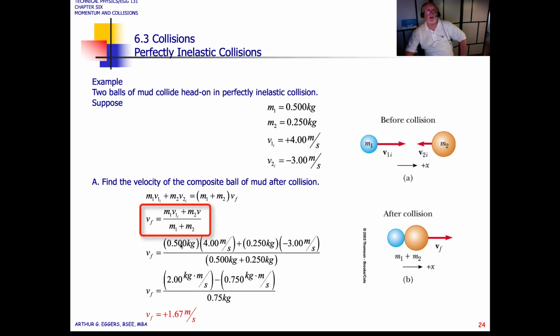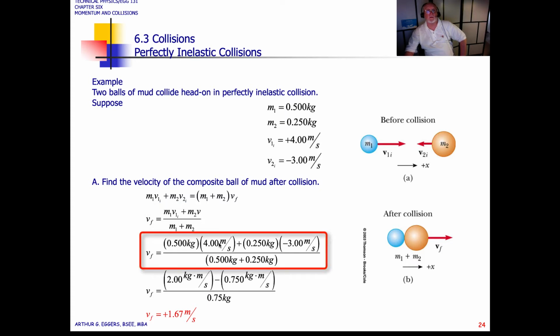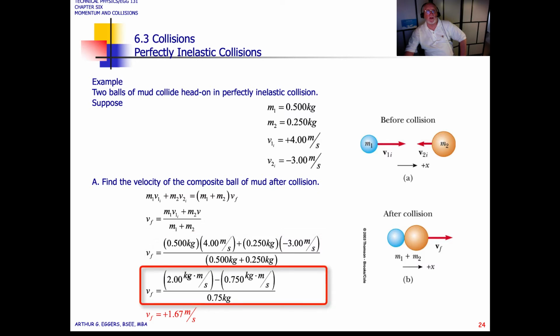numbers in. So half a kilogram, 4 meters per second. Quarter of a kilogram at minus 3 meters per second. And then the two masses that are now joined together after the collision, a half a kilogram and a quarter of a kilogram. In this case we don't have zeros here, so we have to combine these two.